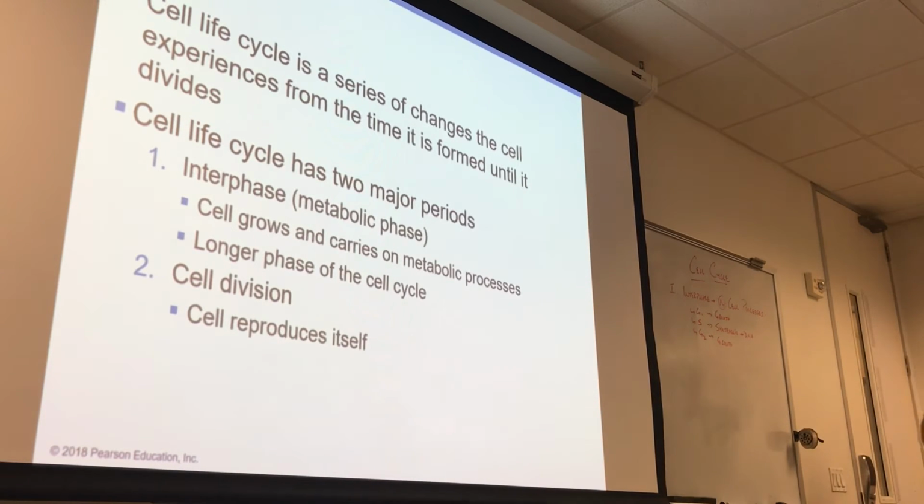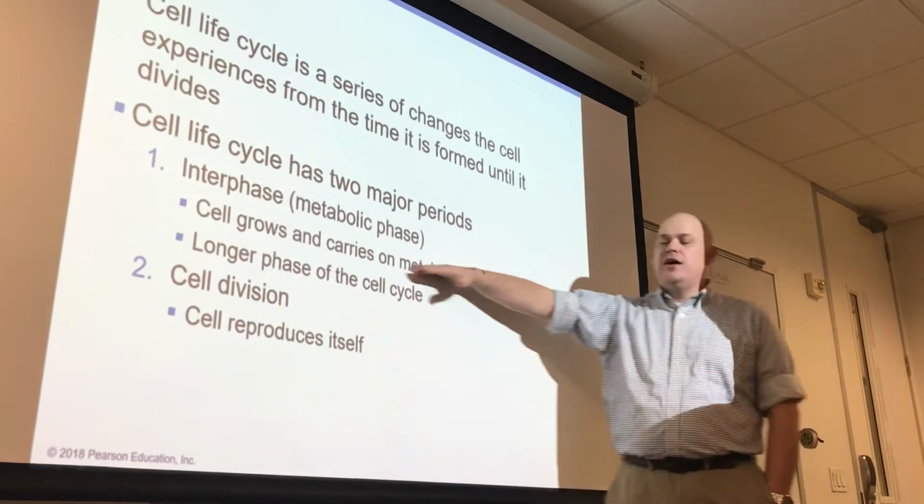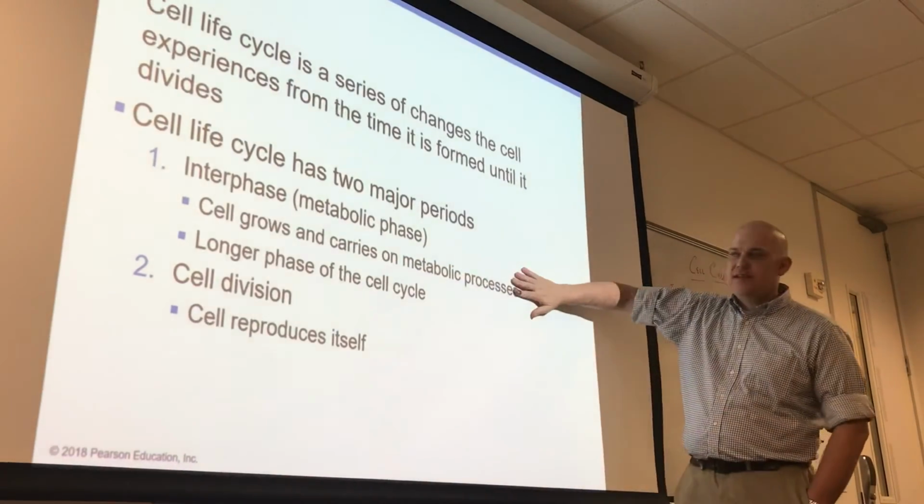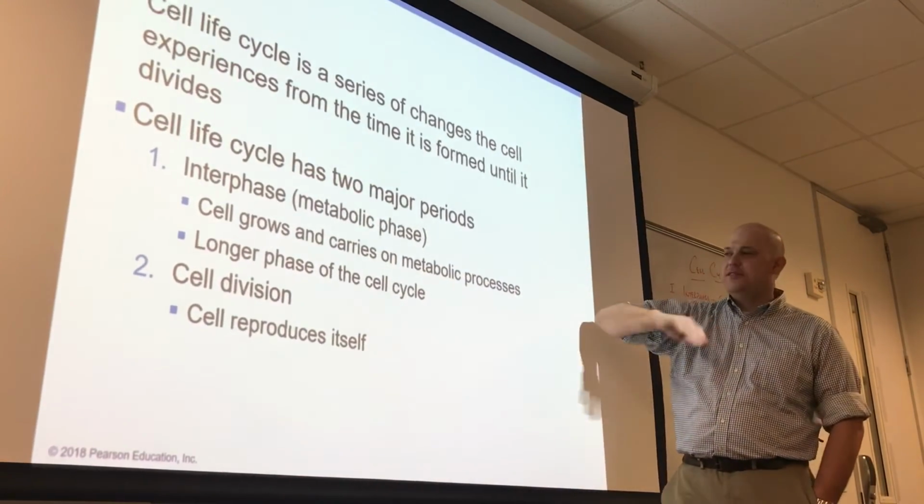The cell is actually making more DNA in a process known as DNA synthesis. So all of this is interphase. This again is the cell growing and carrying on its normal metabolic processes. Whatever that cell does, it's doing on a regular basis.